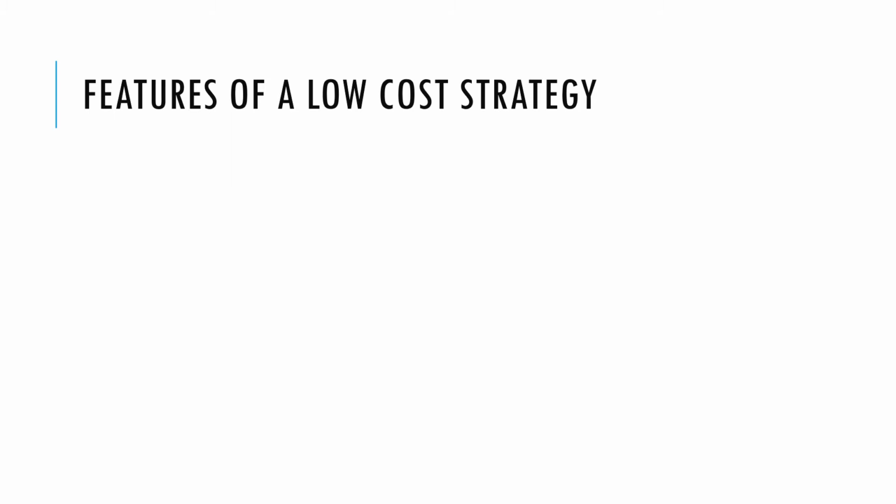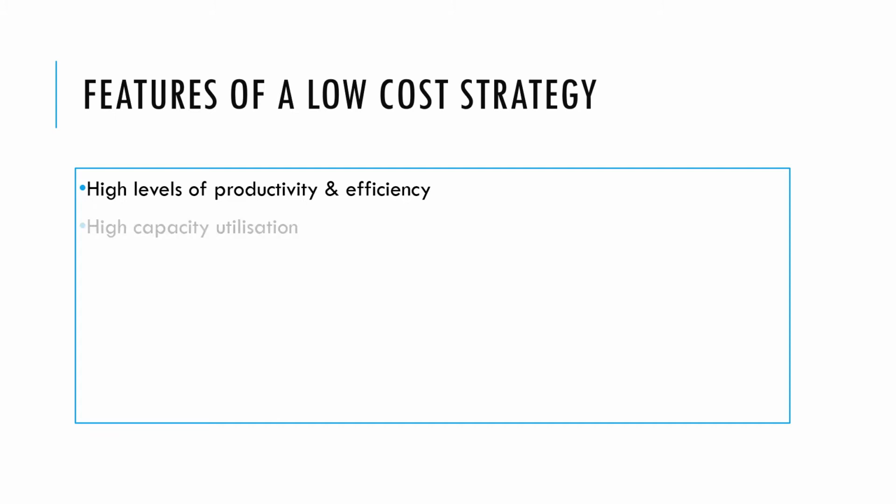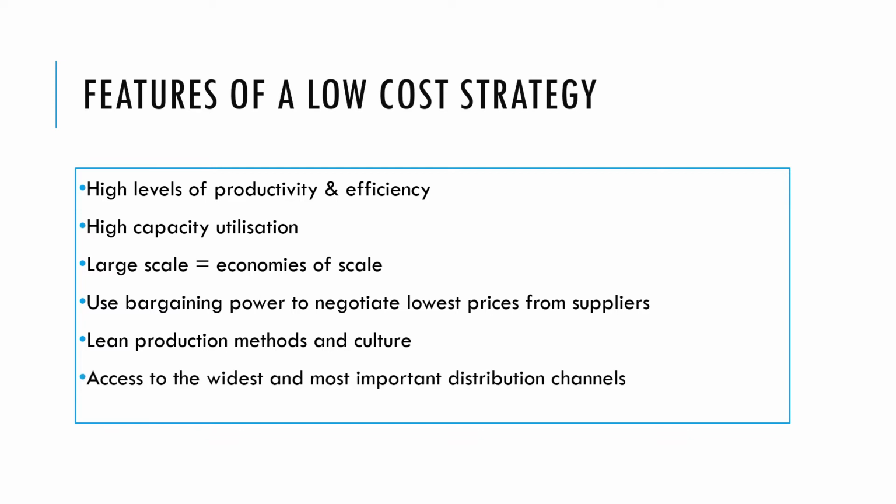So what features does a business normally have to operate a low cost strategy? Well, it might be about really being very productive and very efficient, having high capacity utilization, operating on a large scale to enjoy economies of scale, maybe using our bargaining power to negotiate low prices, lean production methods and culture, and access to wide and important distribution channels.